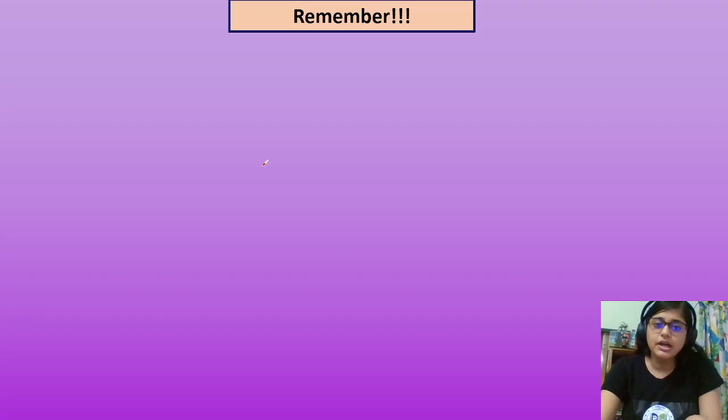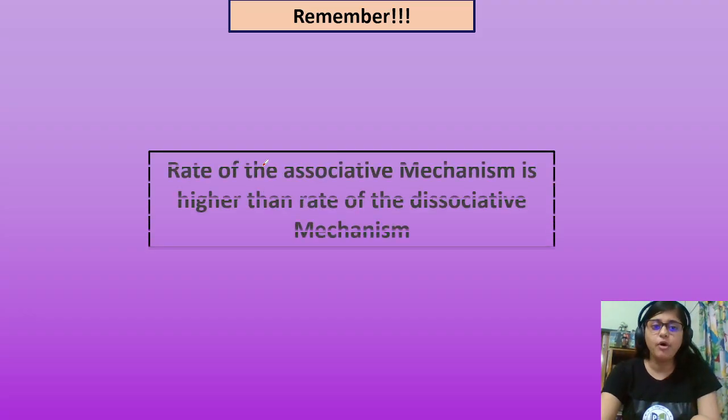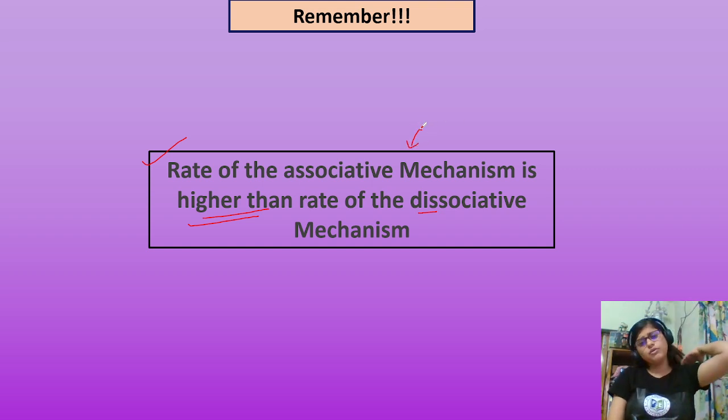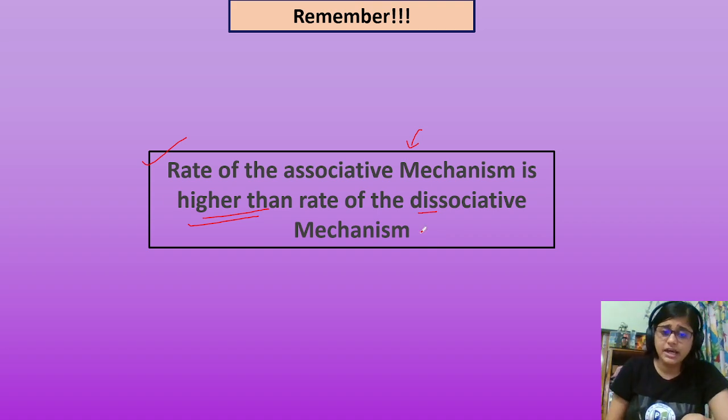Fine. Now remember, this is very important. The rate of the associative mechanism is higher than the rate of the dissociative mechanism. Why? Because for the associative mechanism, the slow step is the attachment of the new ligand. But for the dissociative mechanism, the rate determining step is the breaking of the M-CO bond.